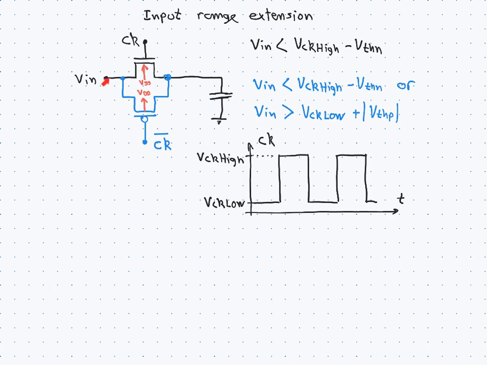So we might have current flowing from left to right, or from right to left, depending on the value of the input voltage and the previous sampled value. So this is one example where you cannot actually tell which side of the transistor is the source, because it depends on what the circuit is doing.